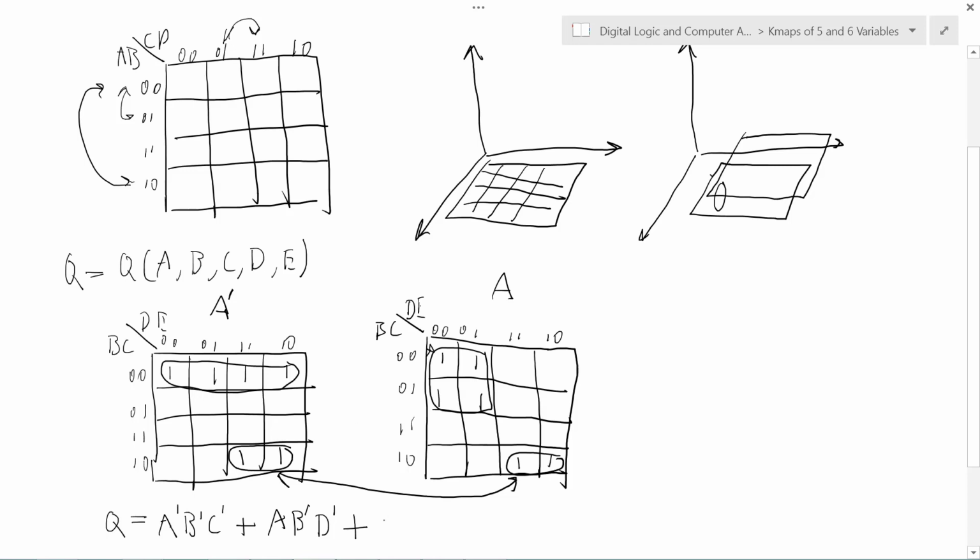So rather than say that it's unique to A prime or A, we're just going to leave the A variable off, and we're going to say the value is B, C prime, D. And this completes the Boolean expression optimization from the K-map.